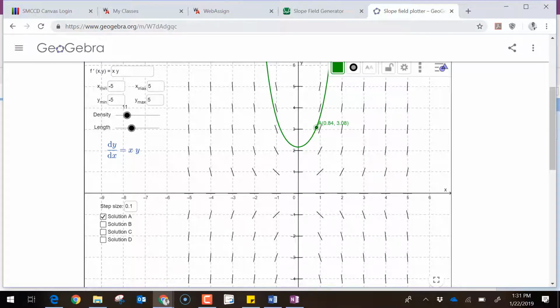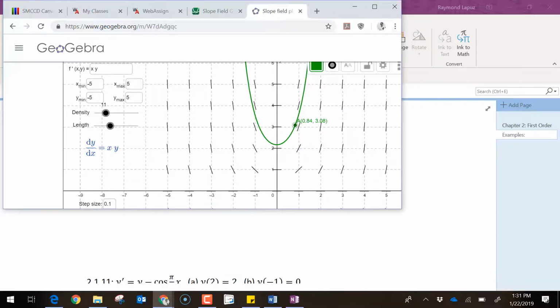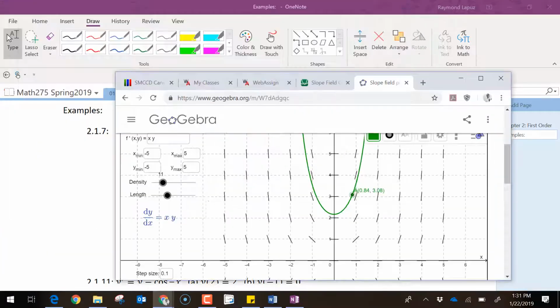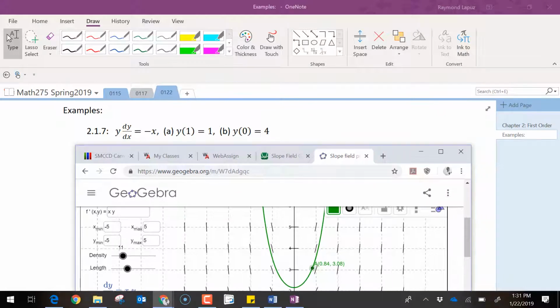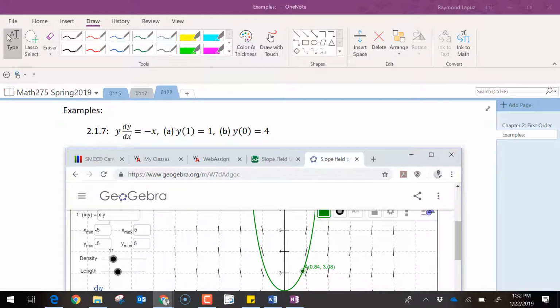we can draw multiple solution curves for different initial conditions. It looks like we need to do something first, though. What do we need to do first with our differential equation? Yeah, so let's divide by y so that we can write it in normal form. So dy dx is equal to negative x divided by y.